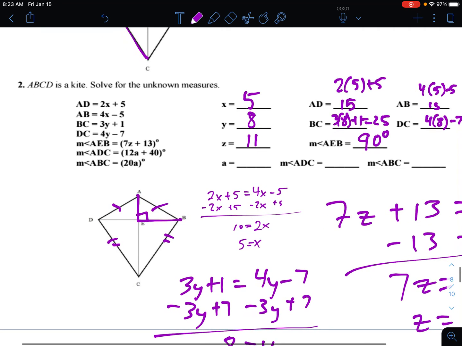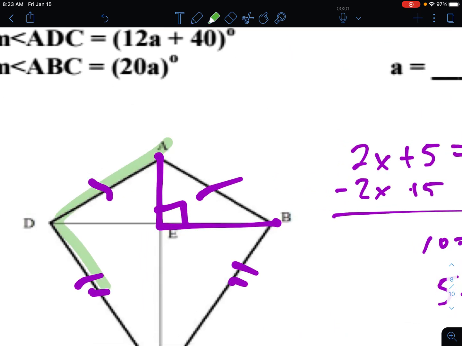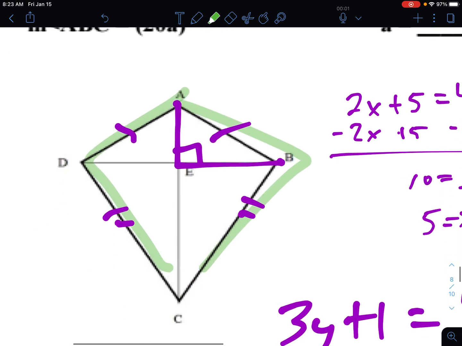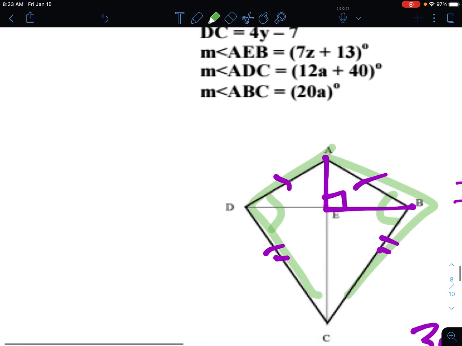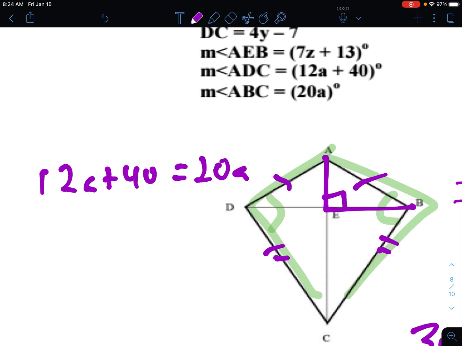And then we've got ADC and ABC. Those are the congruent angles, so I can set those two equal to each other. So I'm going to do 12a plus 40 is equal to 20a.